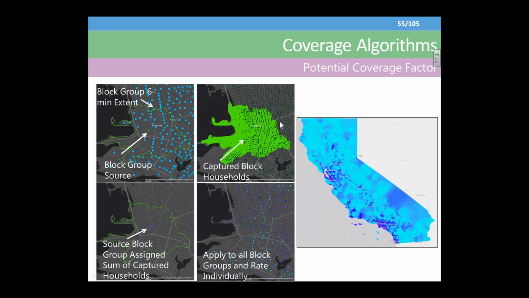And we then assign that back down to the source block group centroid. So basically we're saying if you put a station here, how many households can be serviced within 6 minutes by that station? Okay? And then you simply repeat that analysis through every single block group throughout the state.